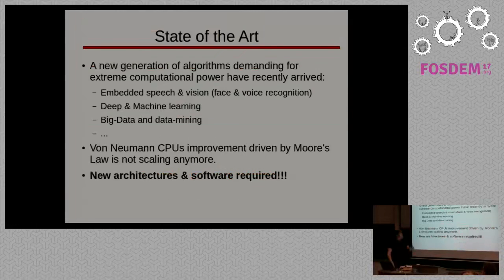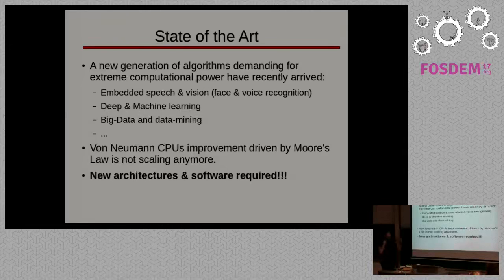Okay, let's start. I want to make some comments about the state of the art in high-level synthesis and why this is becoming very important right now. Maybe you are already aware of this, but in the last years, a lot of different algorithms have started to gain a lot of traction, and these algorithms require a lot of computational power.